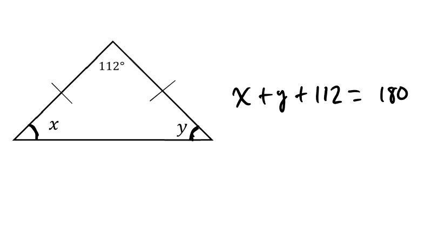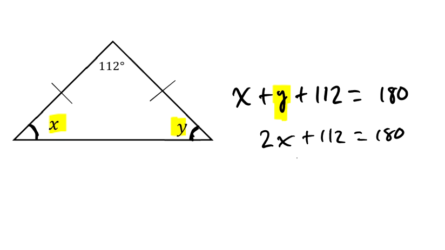Now, because x and y are congruent to each other because of the inverse of the isosceles triangle theorem, we know that x and y are the same angle. So I could easily replace this y with x because it's equivalent to x. And if I do that, this can be rewritten as 2x plus 112 equals 180.